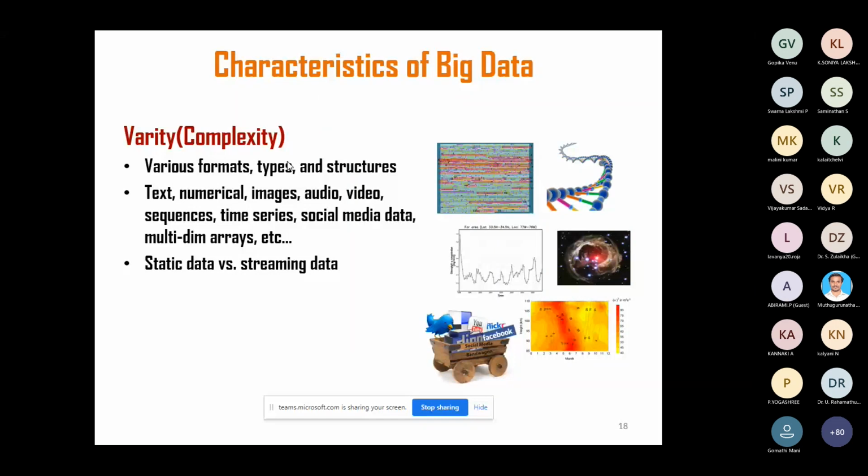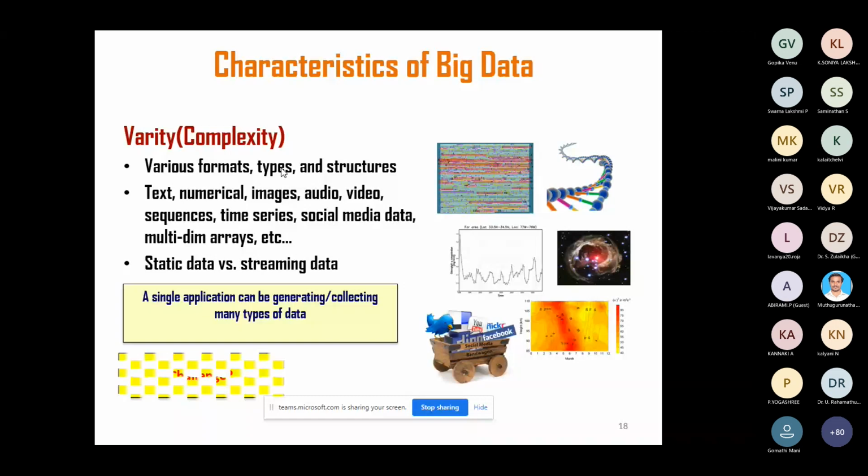Of course, it's a big challenge where we need to think about a proper mechanism to handle that. When multiple sources of data are populated for a single application, we can't ensure that all the data is of the same data structure, which means the same data formats. We need to incorporate different data structures to handle different data formats.